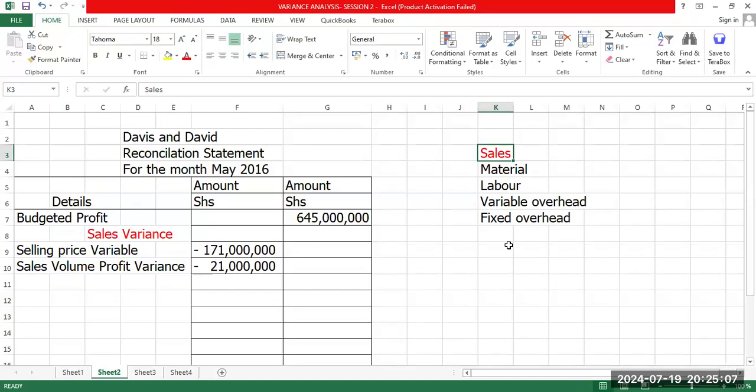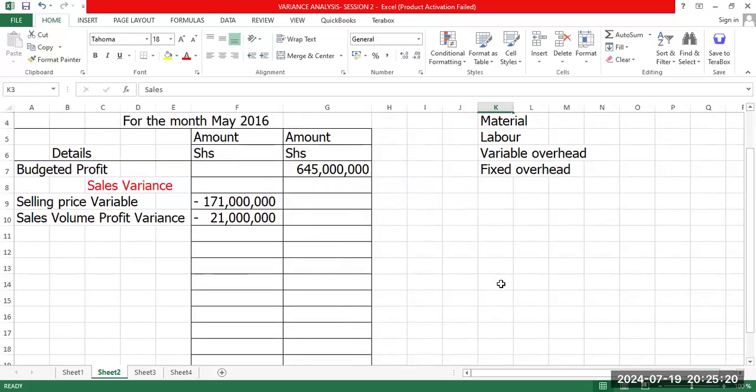And the next area is material variance. How are you going to get the material variance?